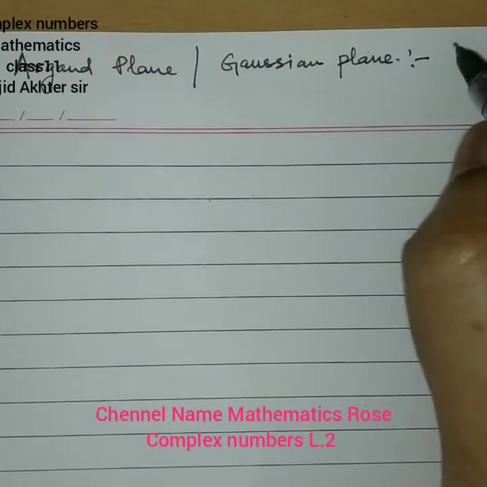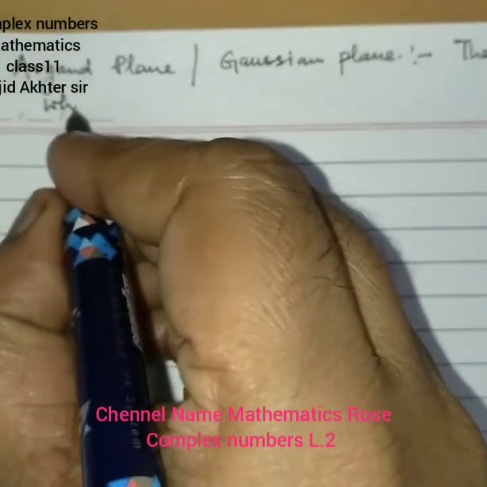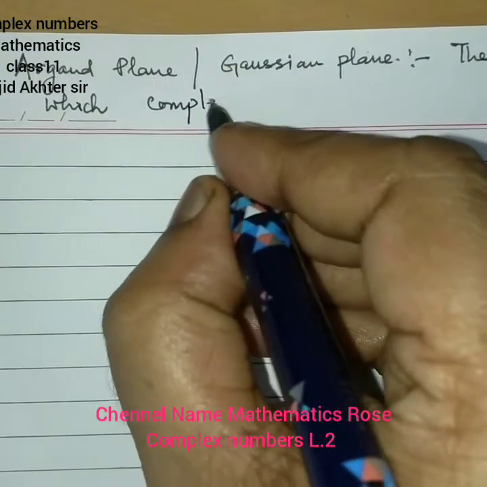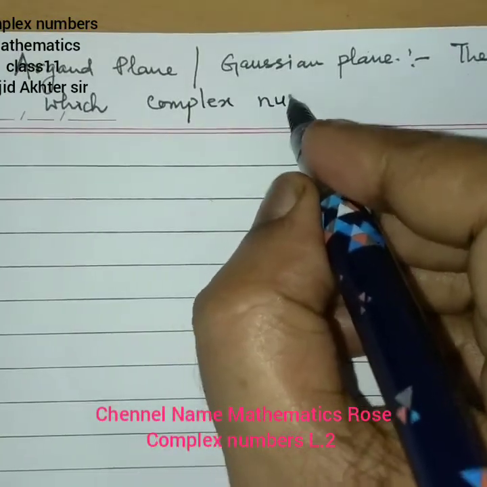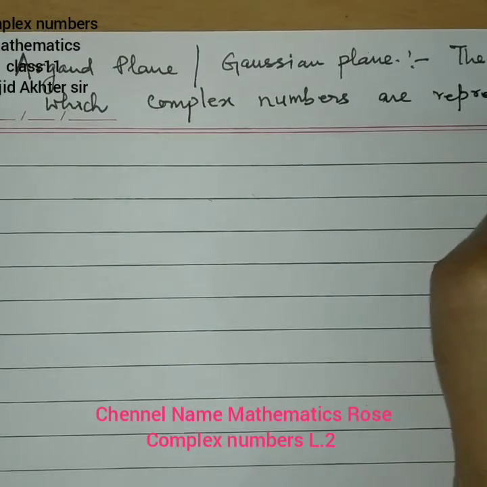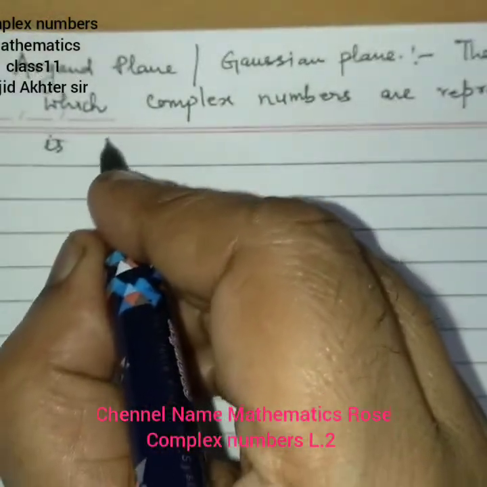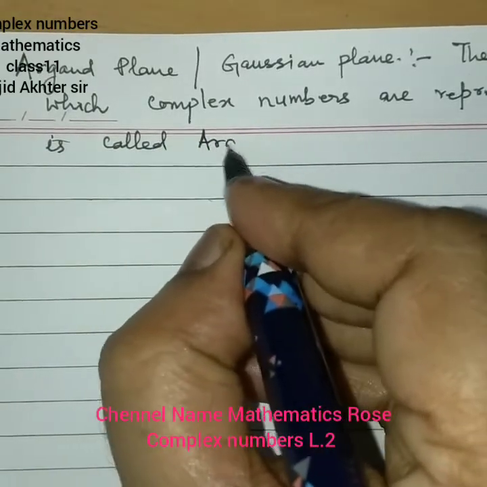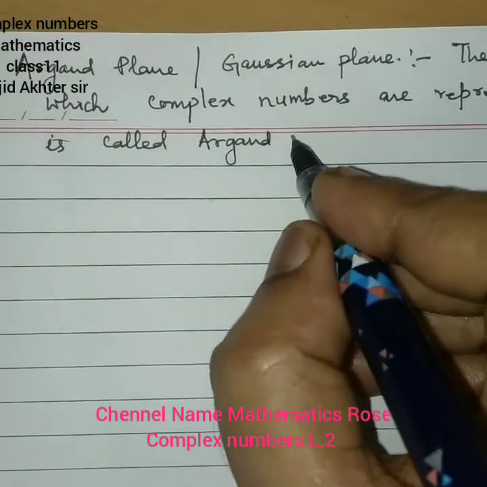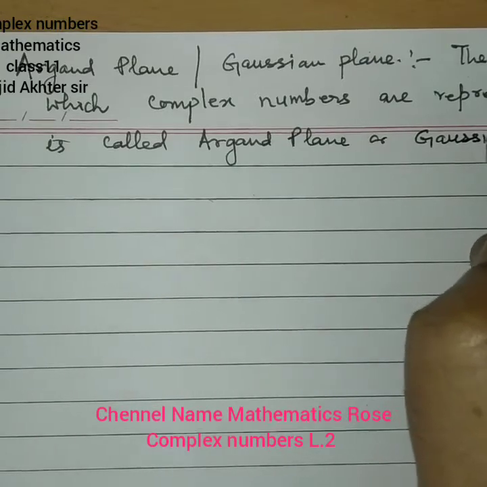The plane in which complex numbers are represented is called Argand plane or Gaussian plane.